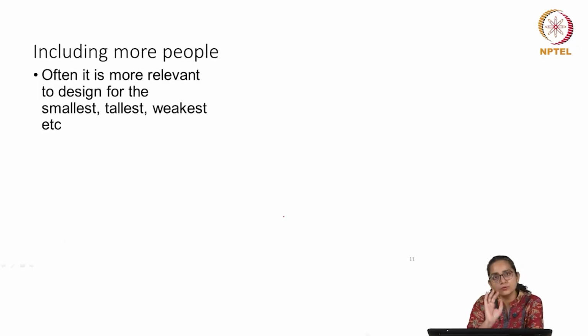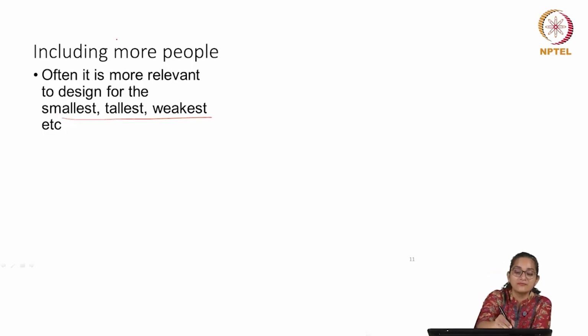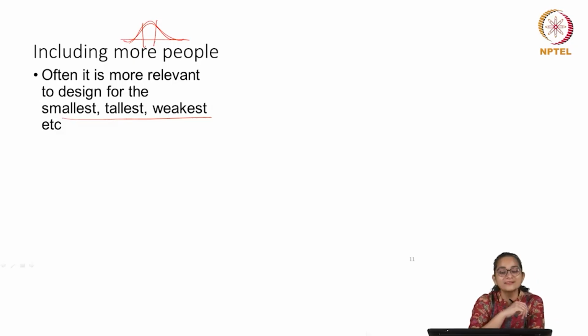In order to include more people, it is always more relevant to design for the smallest, weakest or tallest. What we are trying to say is quite the opposite of the average user mindset, where we were saying that if you design for the middle part, you will be able to serve more people. We are saying actually no, design for the edge cases: the smallest, the weakest, the tallest.